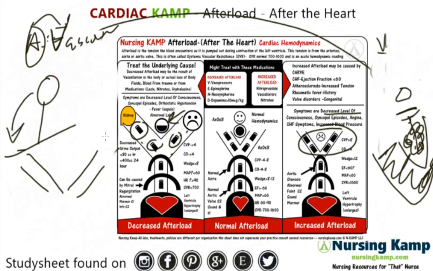So, like I said before, with preload, it's the same thing in a sense, just different locations. Some causes are aortic stenosis on the left side of the heart. With stenosis, if the blood can't get out, it increases the afterload, causing more pressure.